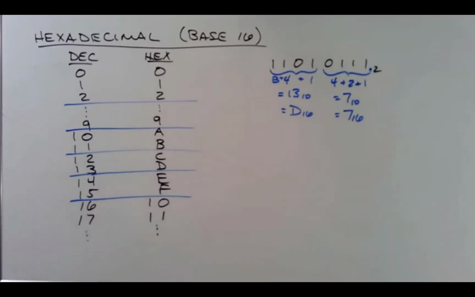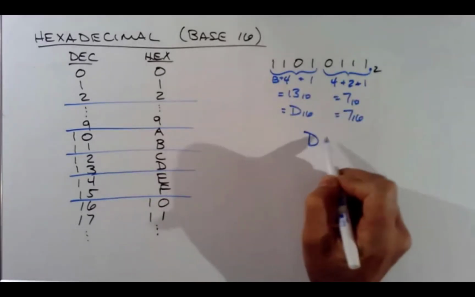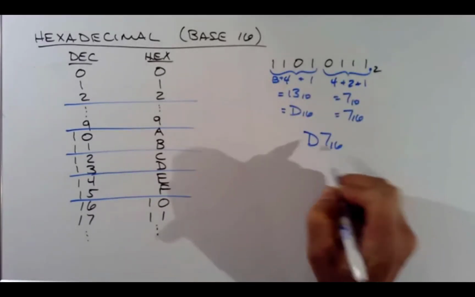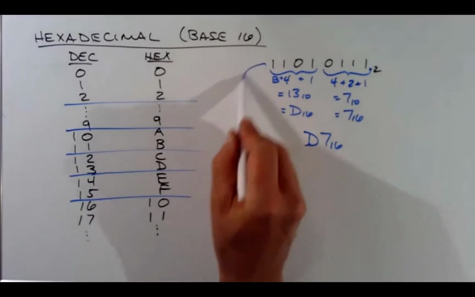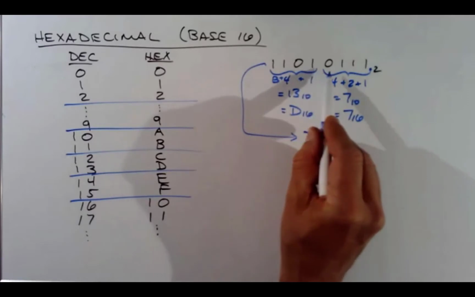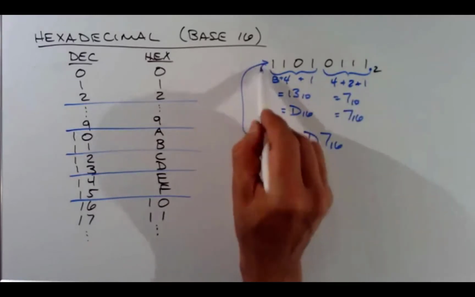And then what you can do is you can actually concatenate those values together. This whole binary number is equal to D7 base 16. Right? So D7 base 16 is equal to 11010111 in binary.